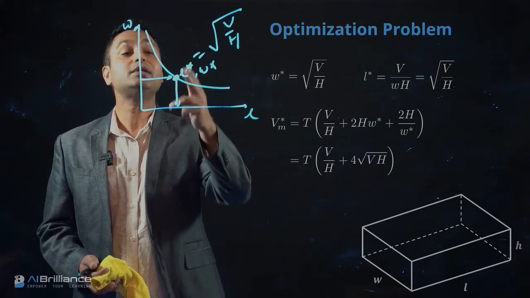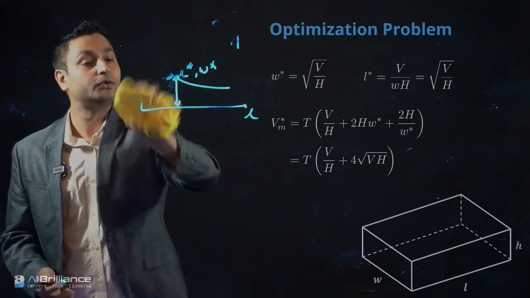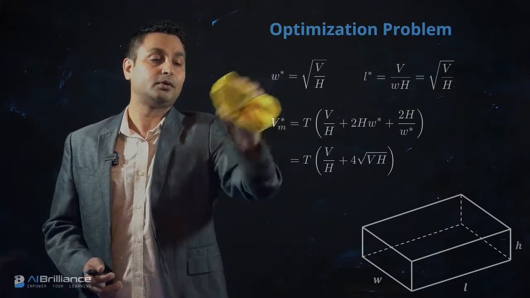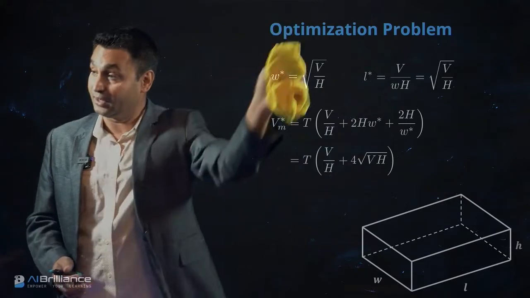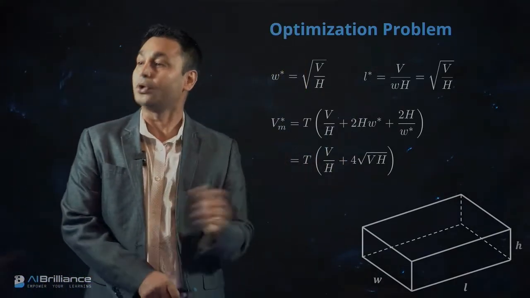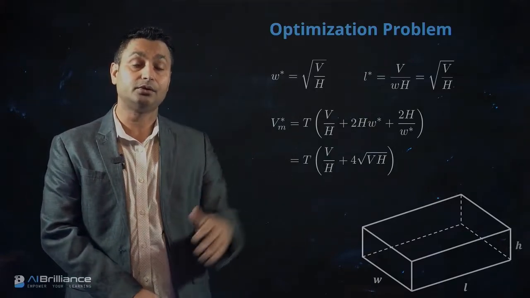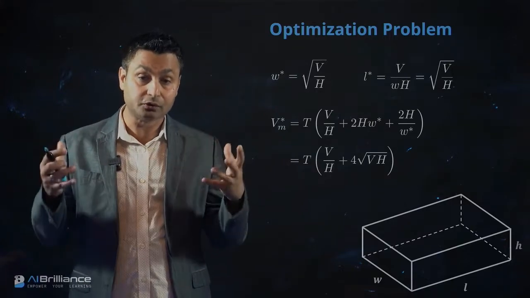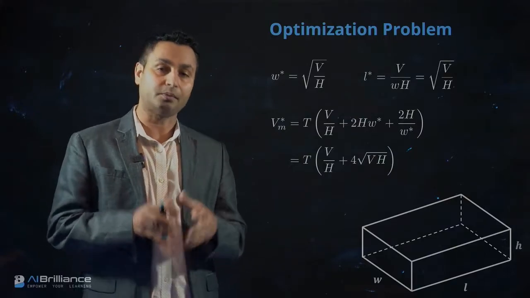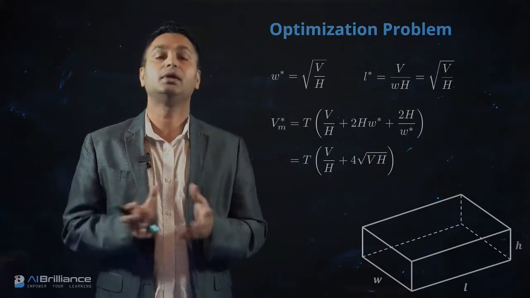We can give this L star value and W star value, which are single values, to the carpenter, and if he uses those values, he will be able to minimize the overall cost of making hundreds of thousands of trays and possibly save a lot of money and make profit. So this objective, where we move from infinitely many solutions to focusing on a single solution that is good with respect to a goal or an objective, is essentially known as the optimization framework, and the solution approach that you saw is the focus of any optimization problem.